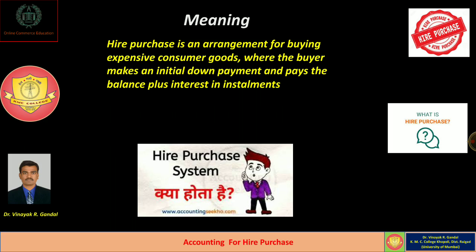So in the case of the hire purchase system, it is normally said that it is the process of buying expensive consumer goods in which the buyer makes a certain amount of money called the initial payment or down payment, and can buy the asset or machinery and use such assets, and agrees to pay the remaining balance of that machinery, that is the cash price, in a number of installments with a specific amount of interest.